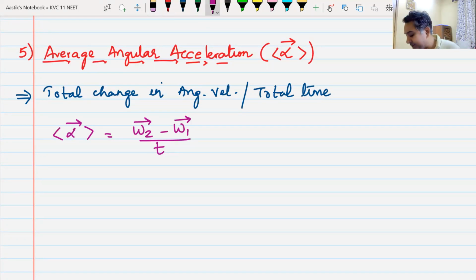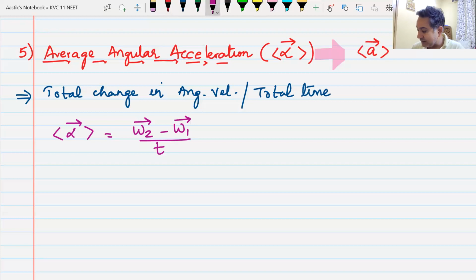What does this term remind you of? Does it remind you of any term that we have done previously? Yes, this is the same as average acceleration.